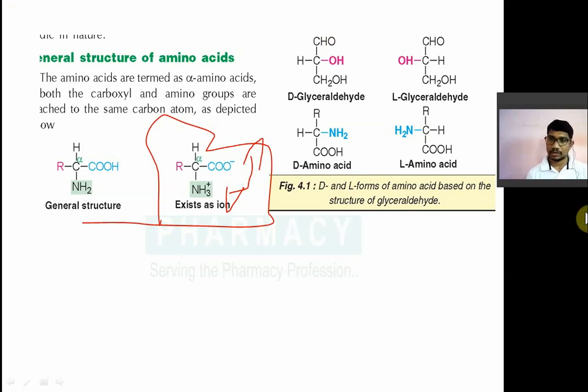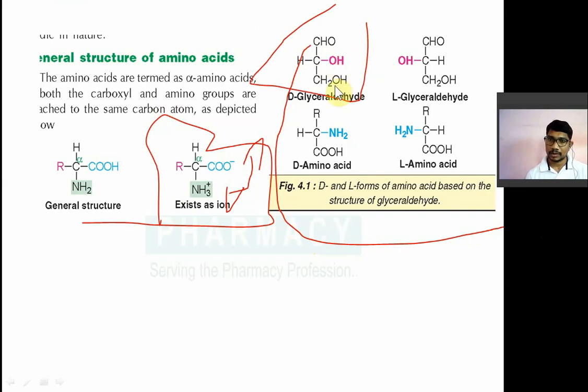If the hydroxyl group present on carbon number two and the terminal alcoholic group are on the same side, it is known as D-glyceraldehyde. If they are on the opposite side, it is known as L-glyceraldehyde. In a similar way, if the amino group and carboxylic group are on the same side, they are known as D amino acids.